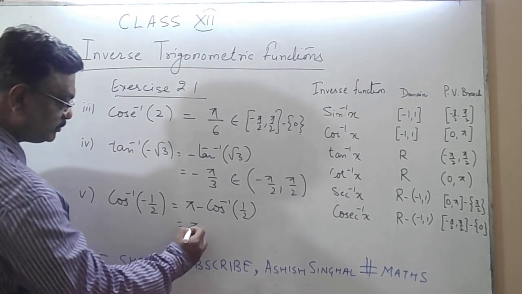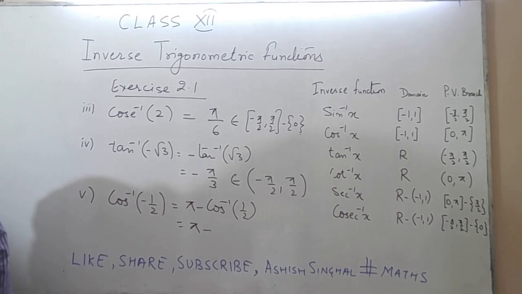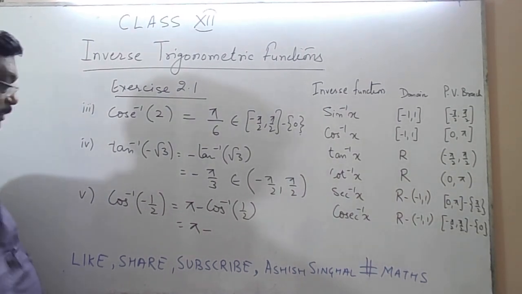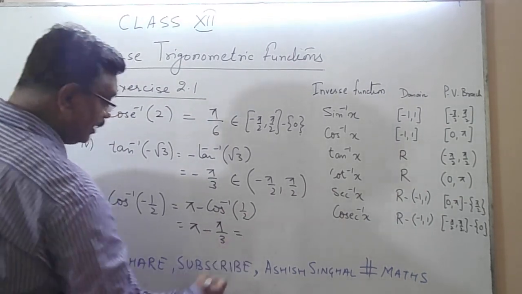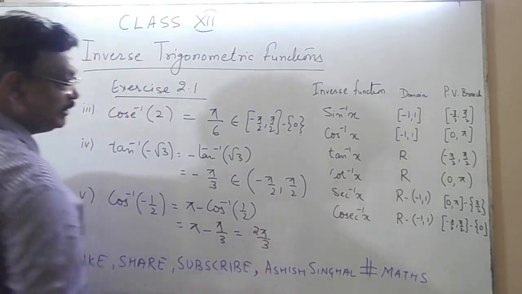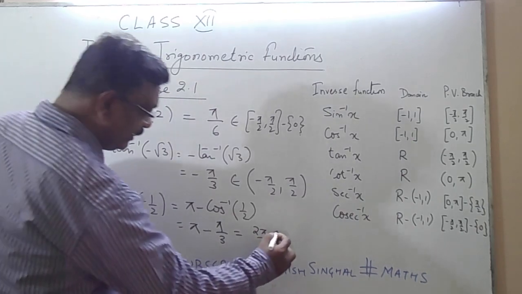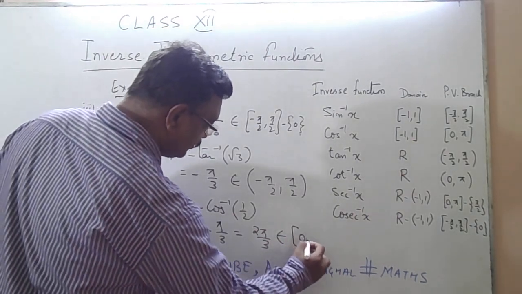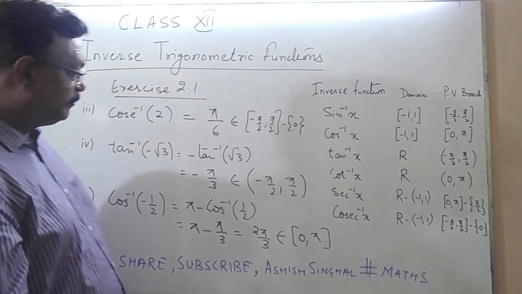So this becomes pi minus, find out what is the value at which cos becomes half, that is 60 degree. So this is pi by 3. Take the LCM and you will get 2 pi by 3. Now check, does it lie between 0 to pi? Yes. So this also lies between 0 to pi. So this is the principal value.